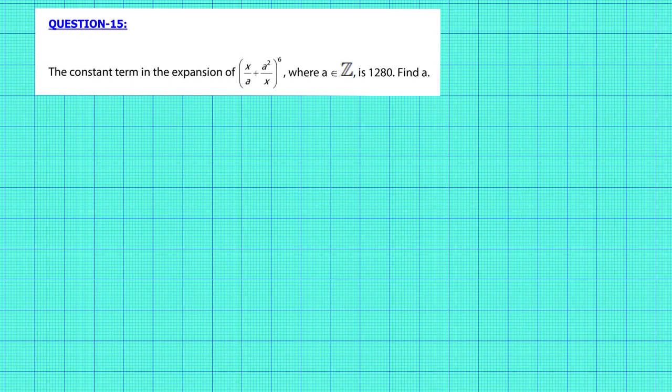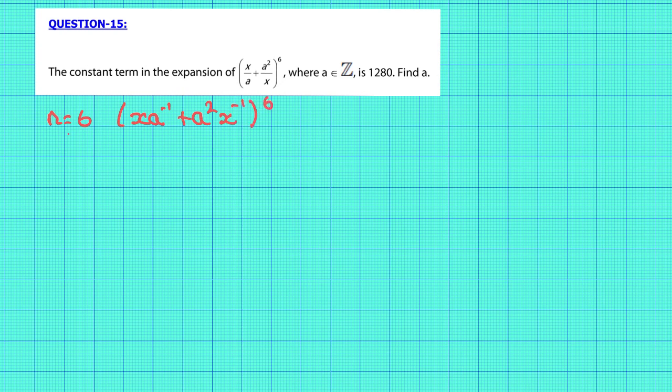Question 15. The constant term in the expansion of x divided by a plus a squared divided by x raised to the power of 6, where a belongs to Z, is 1,280. Find a. n is equal to 6, and I'm going to rearrange the equation to get x a to the minus 1 plus a squared x to the minus 1 raised to the power of 6.